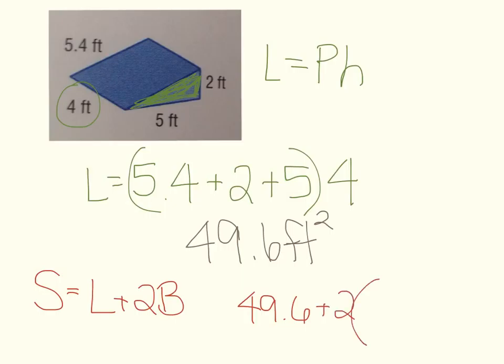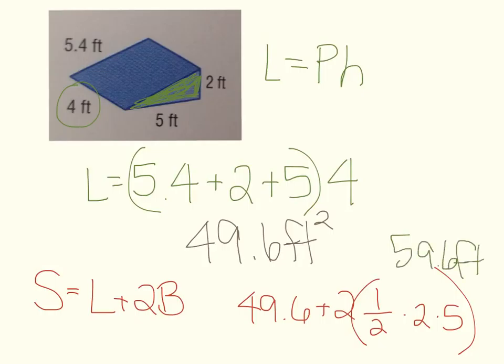The base is a triangle, so we would do 1/2 times 2 times 5. So 2 times 5 is 10. 1/2 of 10 is 5. And then 5 times 2 is 10. And you add 10 to 49.6. And you get a final surface area of 59.6 feet squared.